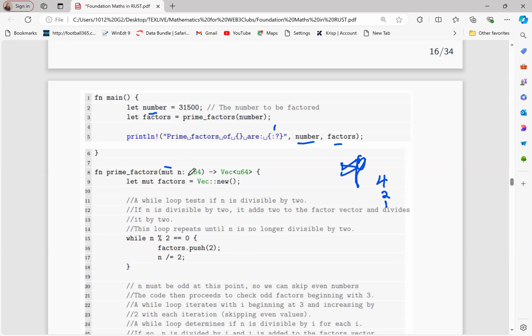Now, you insert a number, which is mutable, and then it will change to a vector. The 64 here, we say these are bits. The U here, when we say U64, we mean that the numbers we are using are positive numbers.